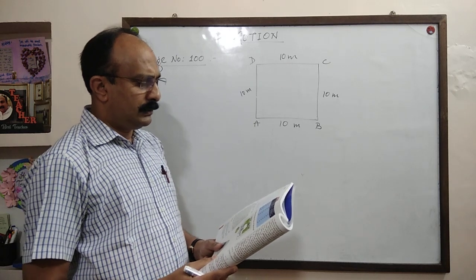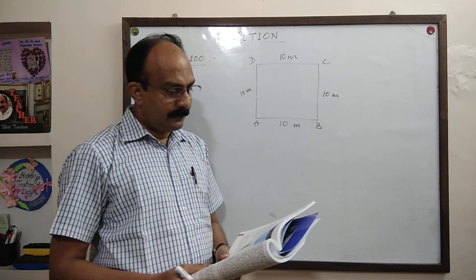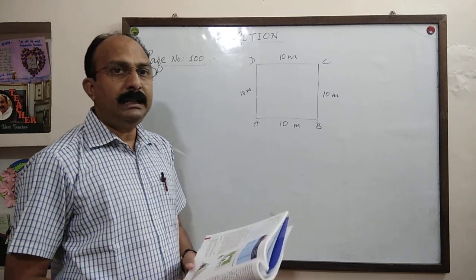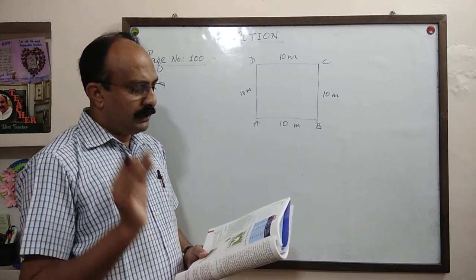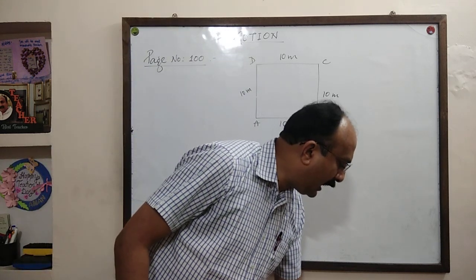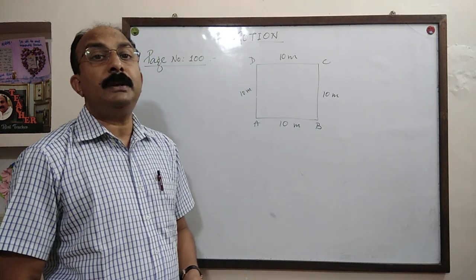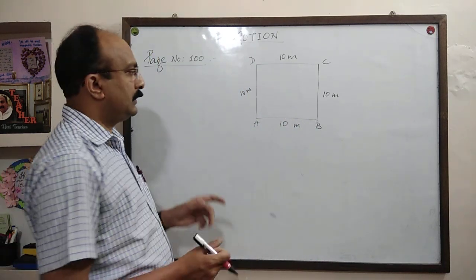The question continues. What will be the magnitude of displacement of the farmer at the end of 2 minutes 20 seconds from his initial position? After 2 minutes 20 seconds, what will be the displacement of the farmer?